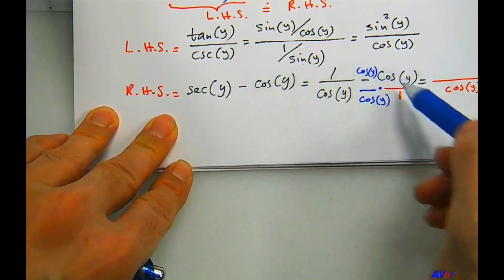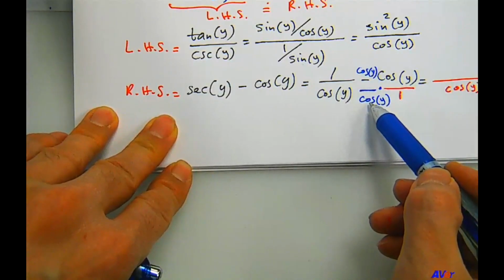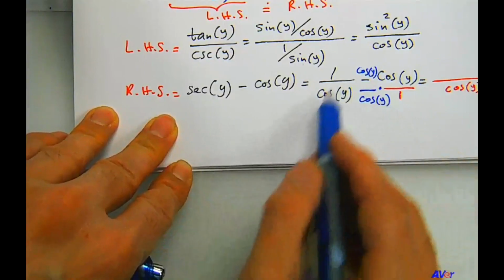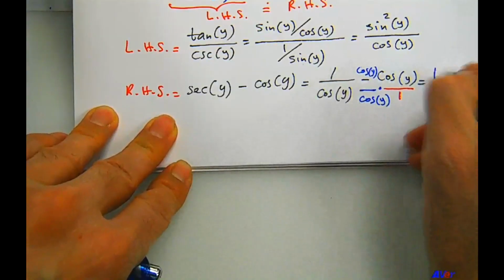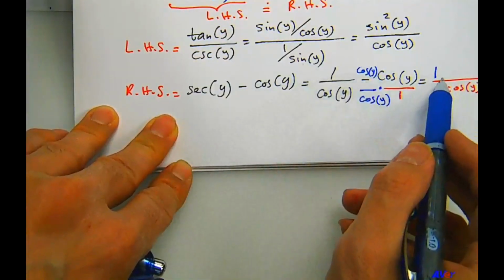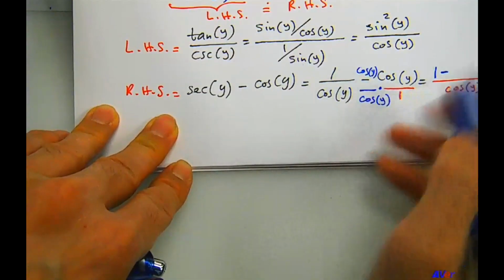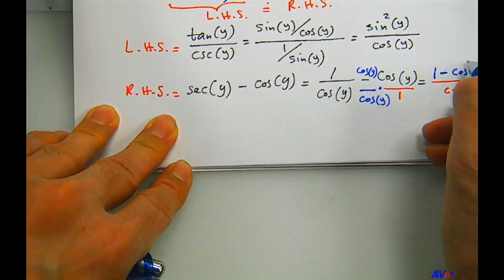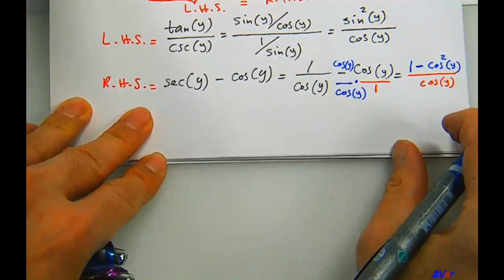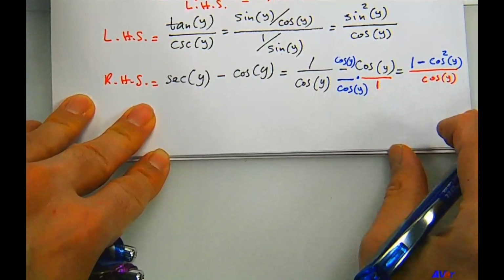So we're multiplying the second term by cosine of y over cosine of y, and there's a negative there. So what do we end up with? We end up with 1, because we didn't have to do anything to this, right? So the numerator stays the same, minus cosine of y times cosine of y is cosine squared y.